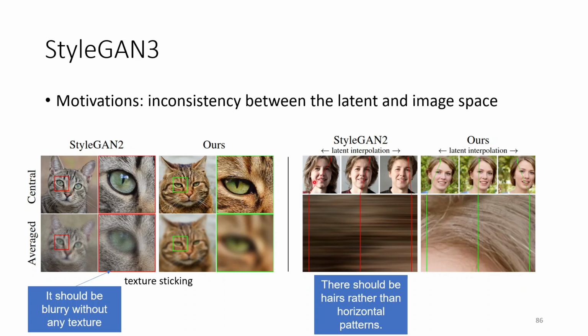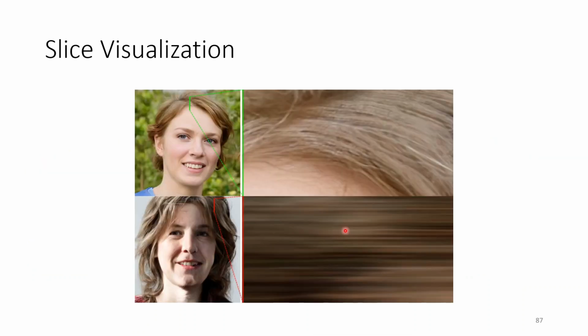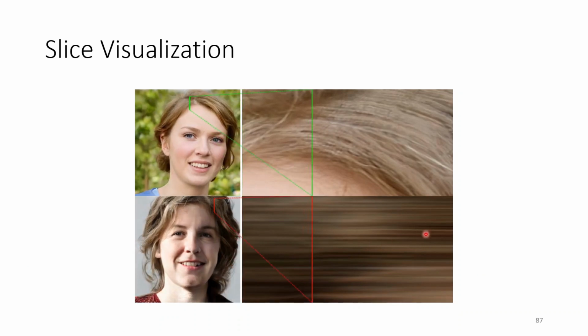They can do interpolation, right? When they do interpolation, what they expect is a smooth change of the hairs. But in fact, they generate some patterns for StyleGAN V2. Okay, let's take a video, it's easier to understand. A video, like this one.